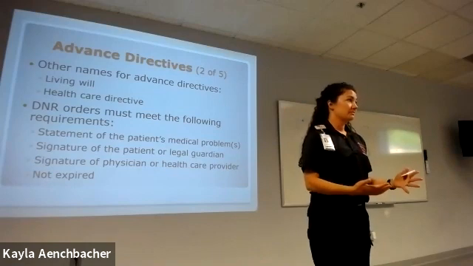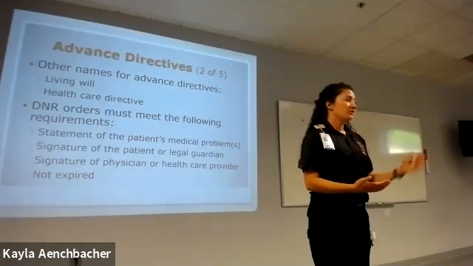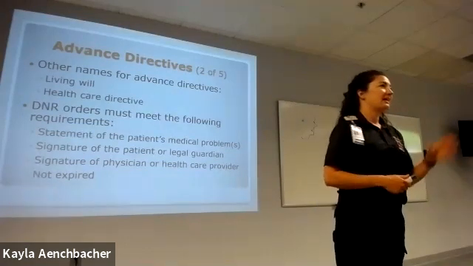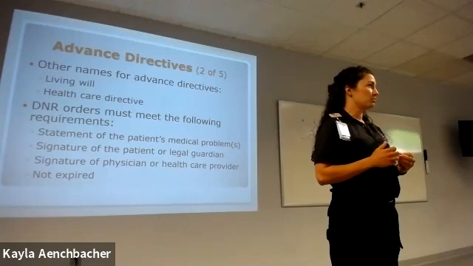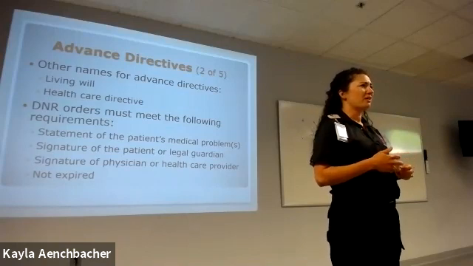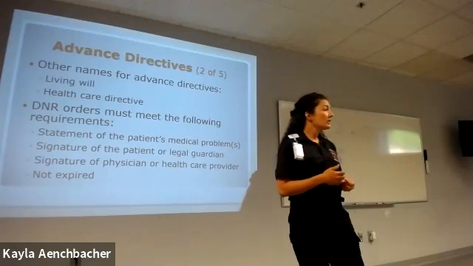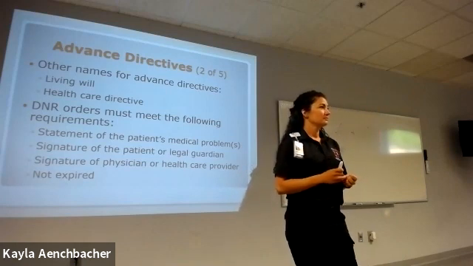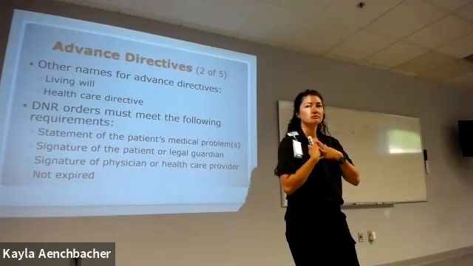I can't see it. So you might say, well, what if that person makes it, and I break a rib when I do compressions, and they wake up and say, oh my gosh, you should have let me die. I wanted to die, and now I've got injuries. I'm suing you. Am I covered?